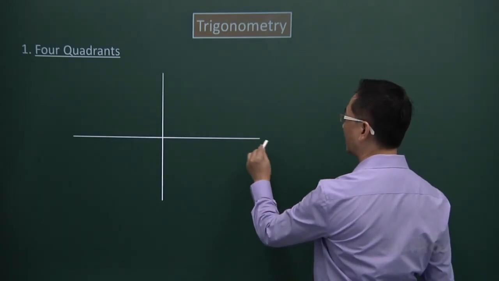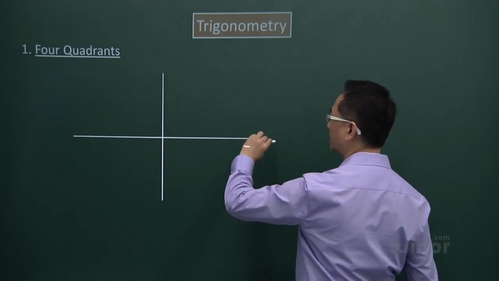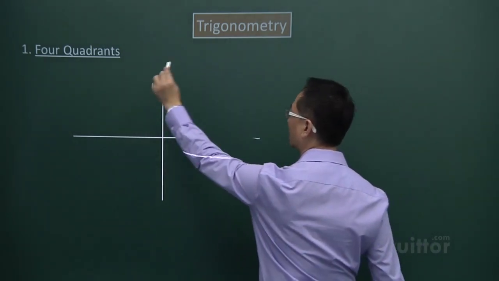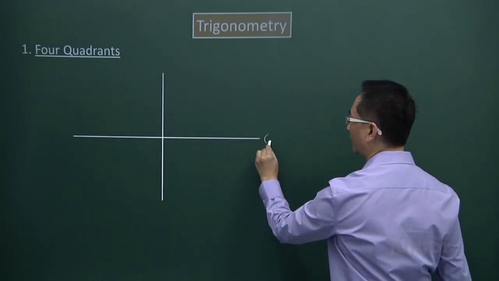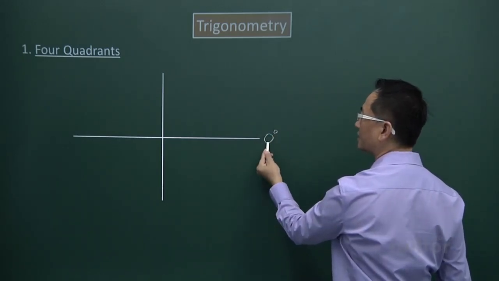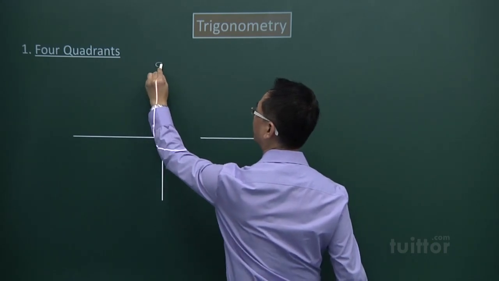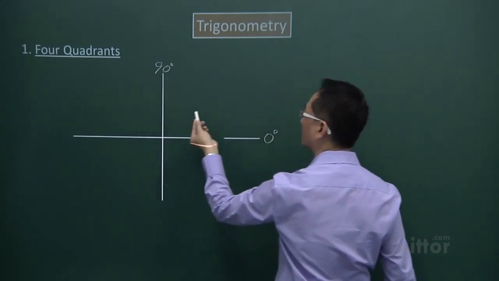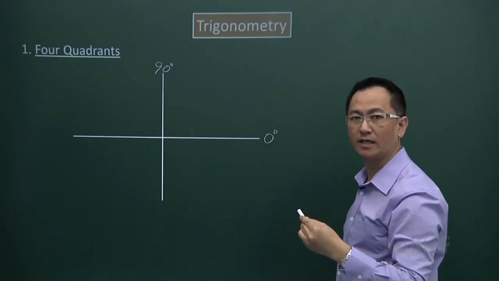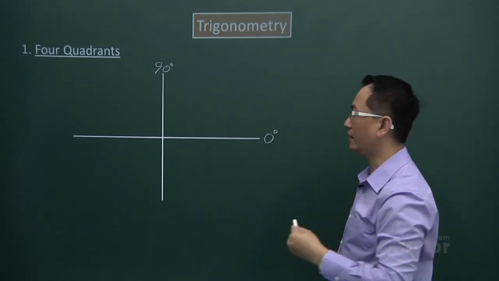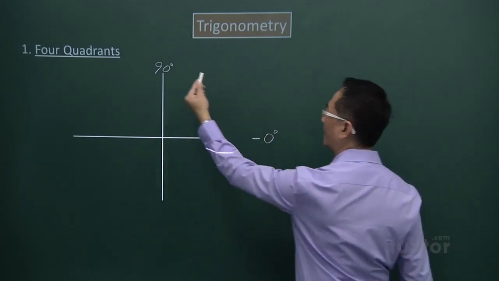So let's name these 4 quadrants this way in anti-clockwise direction. So the first quadrant angle will be any angle between 0 degrees and 90 degrees.